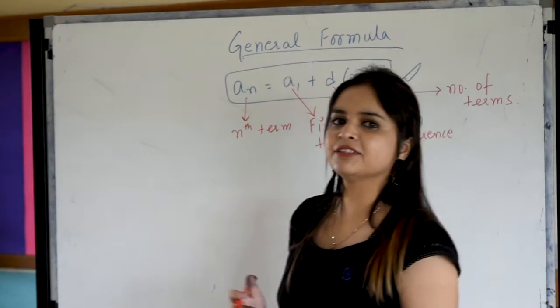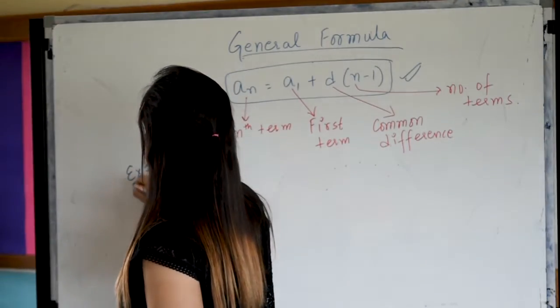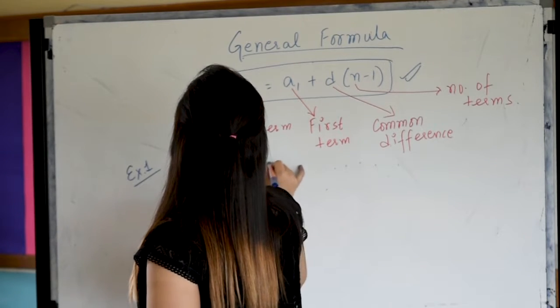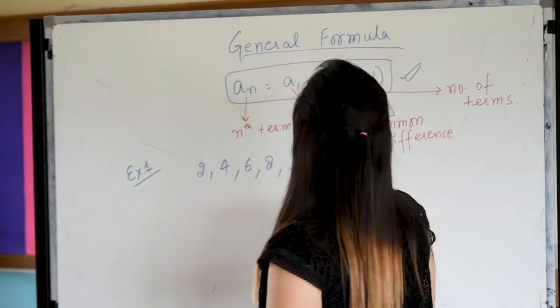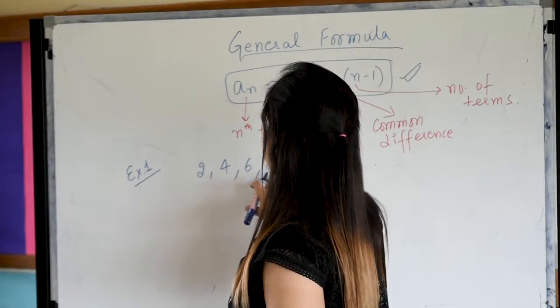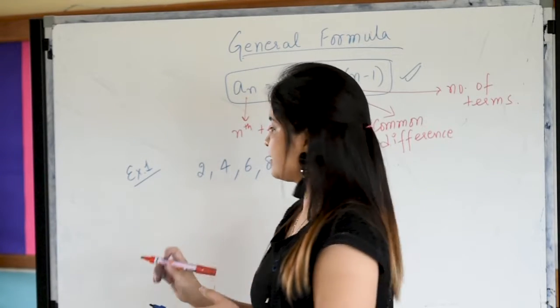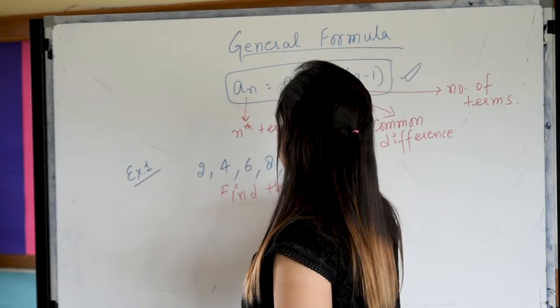Okay, let's try this with an example. Suppose I say 2, 4, 6, 8, dash, dash, dash. How many terms are given? 1, 2, 3, 4. Okay, 4 terms are given. Suppose the question is find the 10th term.